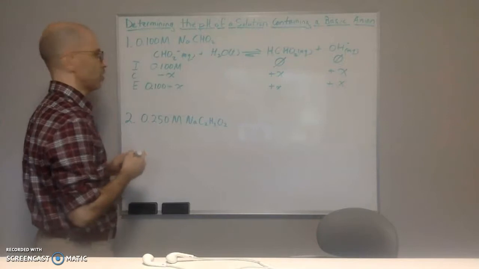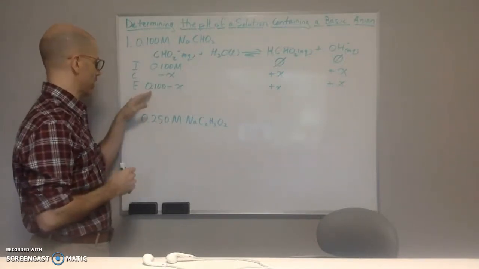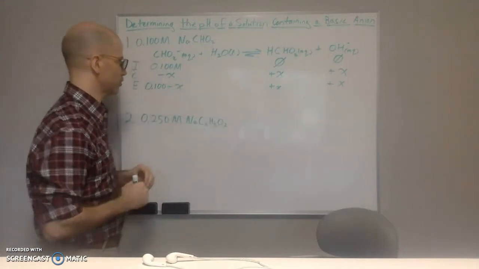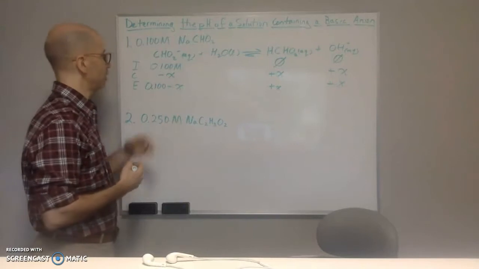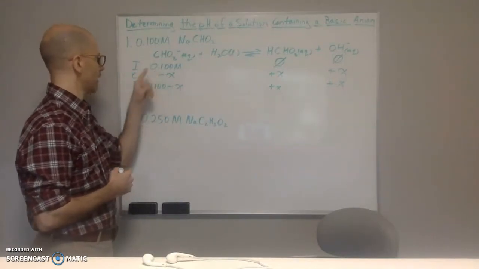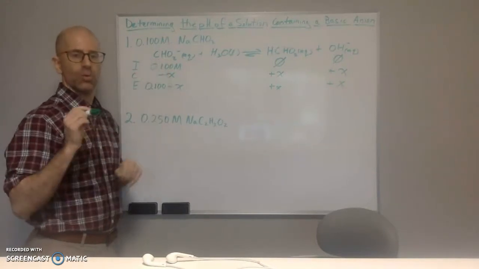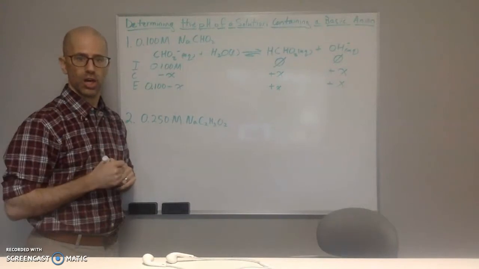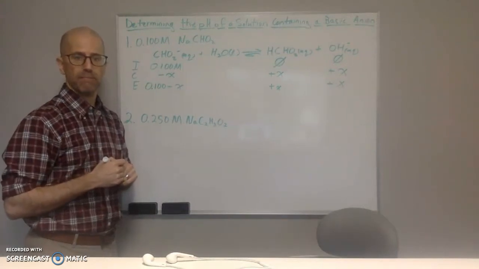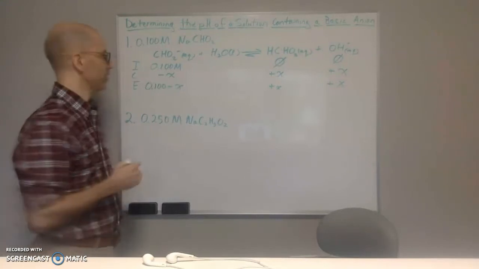Okay. So now that we have our equilibrium expressions for the concentrations, now we need our Kb expression. So we need to find what the Kb of this anion is. We know it's the anion of a weak acid, so we could look up the Ka value for formic acid.